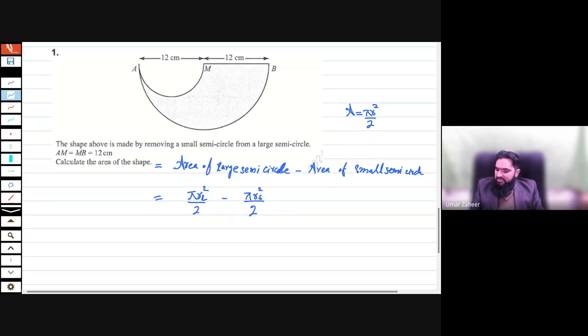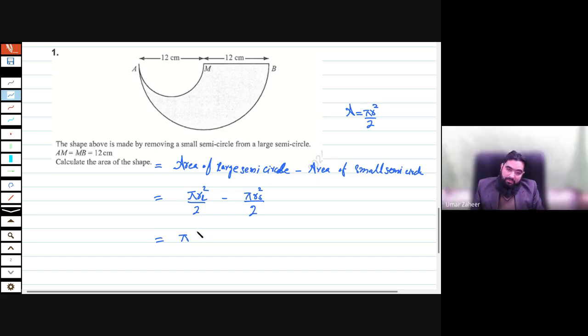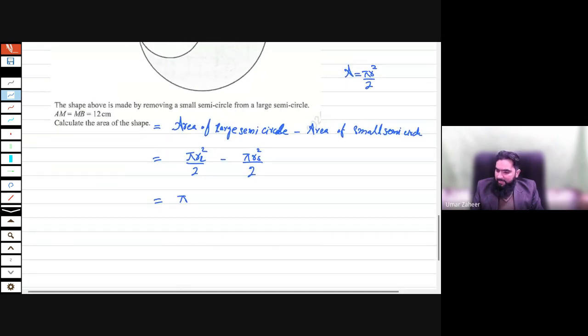Yes, Mozam, what is the radius of the large semicircle? 24. Radius, not diameter. The radius is 12, the distance from center to the circumference. So the radius of the large semicircle is 12. Pi into 12 whole square divided by 2 minus.